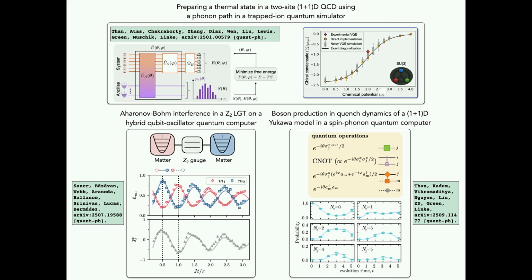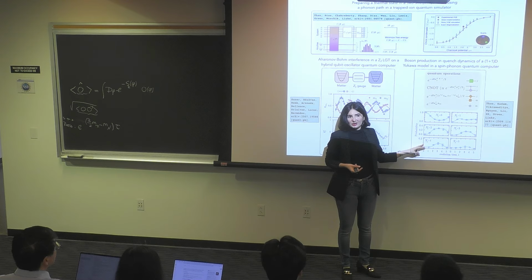These are examples of this analog-digital approach to the problem. This is work from a group in Oxford that came out at the same time as the experiment in Maryland with Elena Green and Norbert Linke and collaborators, where we use these ideas of building gates out of phonon degrees of freedom, and then designing the circuits using not only the qubit degrees of freedom but also phonon degrees of freedom, and then doing the time dynamics of a scalar field theory coupled to fermions, and looking at the time dynamics of these boson creations.